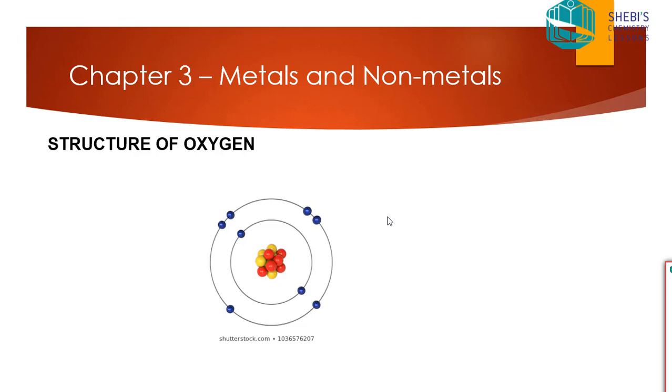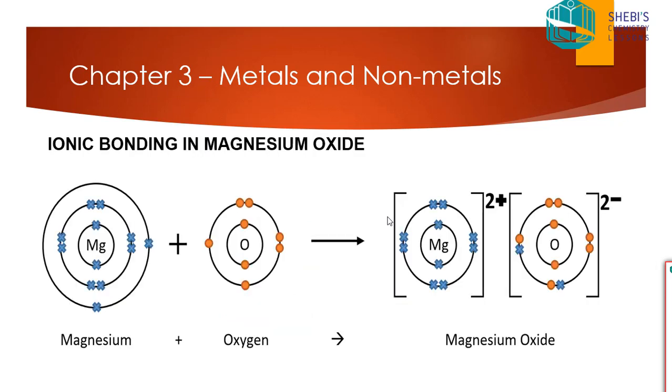Therefore, in the oxygen atom those unpaired electrons are looking for pairs from some other atom. Here is the ionic bonding in magnesium oxide. It's very simple. Magnesium is ready to donate 2 electrons and oxygen is ready to accept those 2 electrons.